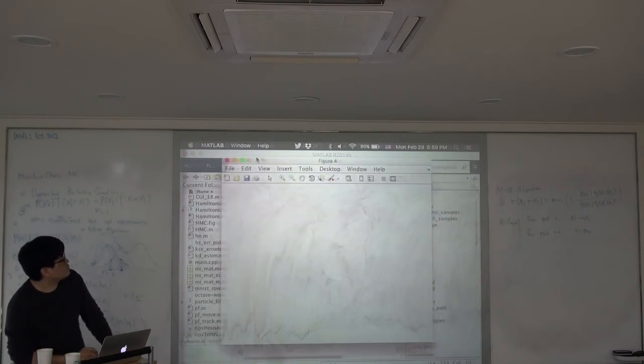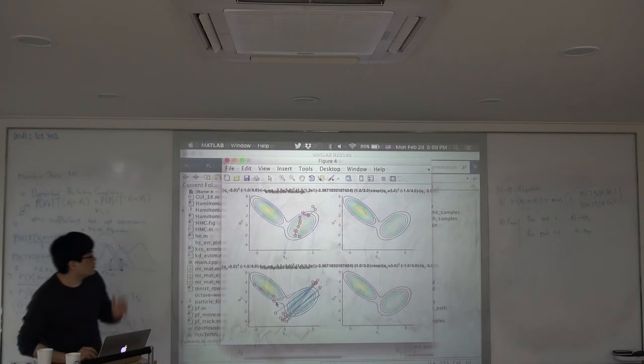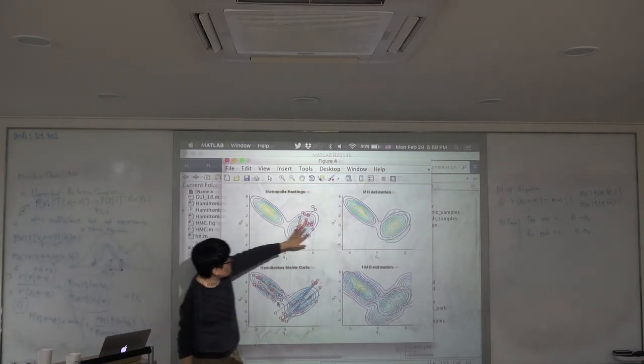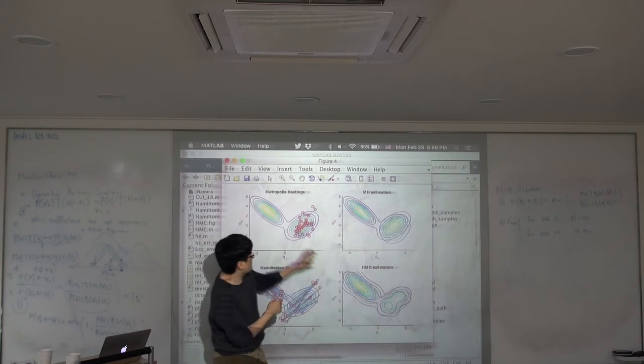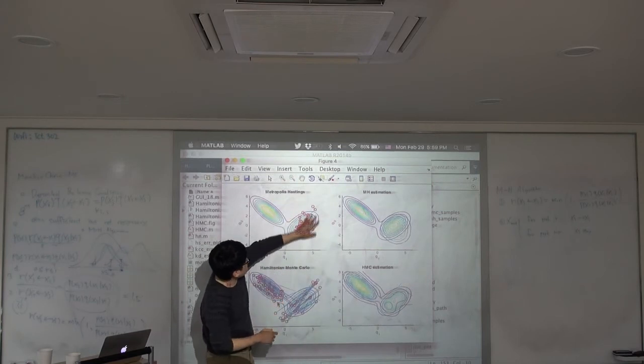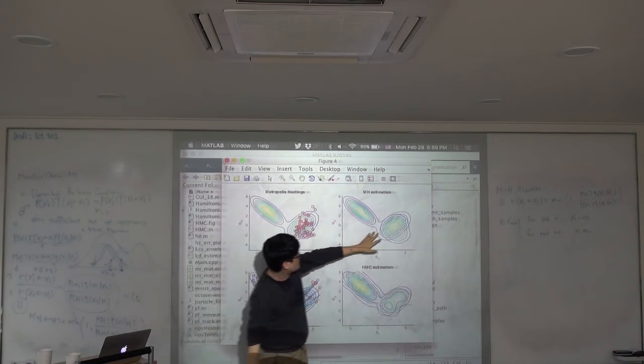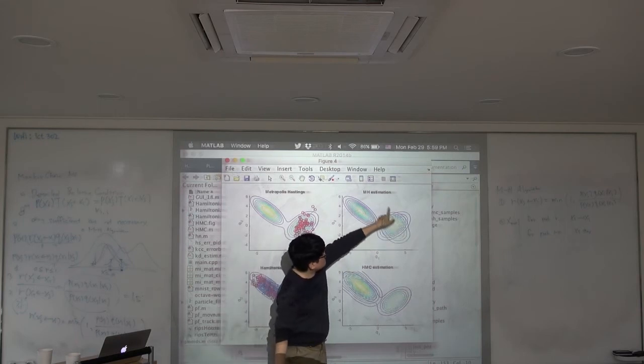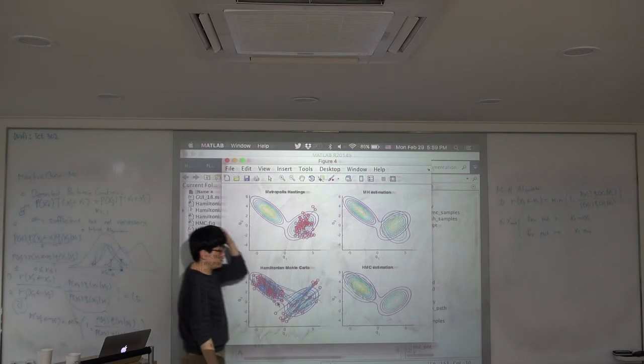So this is the comparison. You sample from this one, and I just did the kernel density estimations. These points are representing the true distribution, approximately.